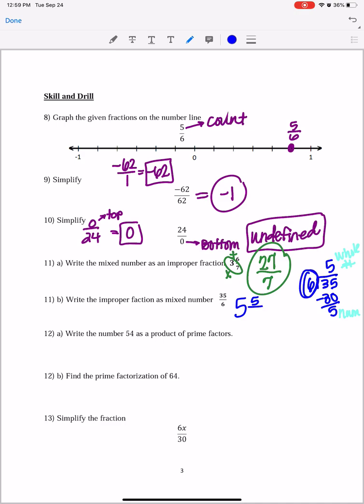You can either say this number here or keep the same fraction. So this is 5 and 5/6. And check this if you want. 5 times 6 is 30, plus 5 gets me back to that 35. So those are really easy to check. Write the number 54 as a product of prime factors.